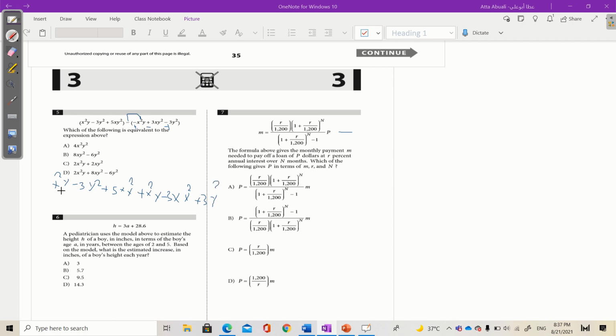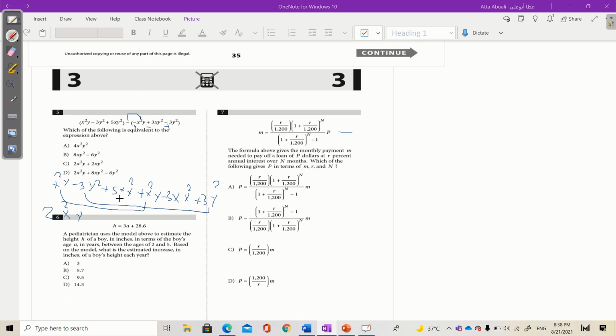So x^2y with x^2y becomes 2x^2y. Minus 3y^2 with plus 3y^2 is 0.